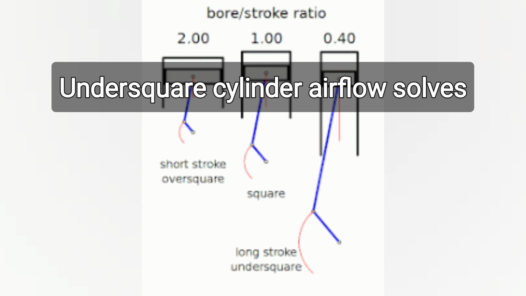There's a literal limitation. Unless we can get into quantum physics, there's nothing you can do. That's just what an oversquare has for a problem. Undersquares have plenty of solutions to make them faster, more torque, and all the rest.